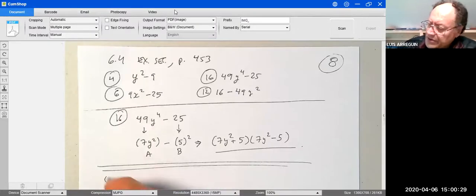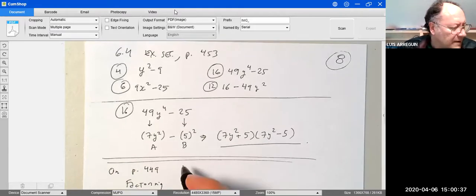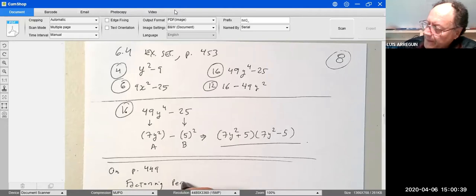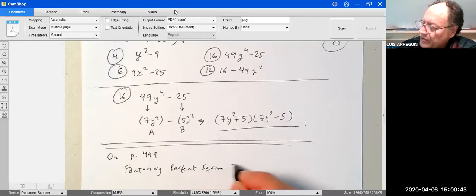So on page 449, we have factoring perfect square trinomials.